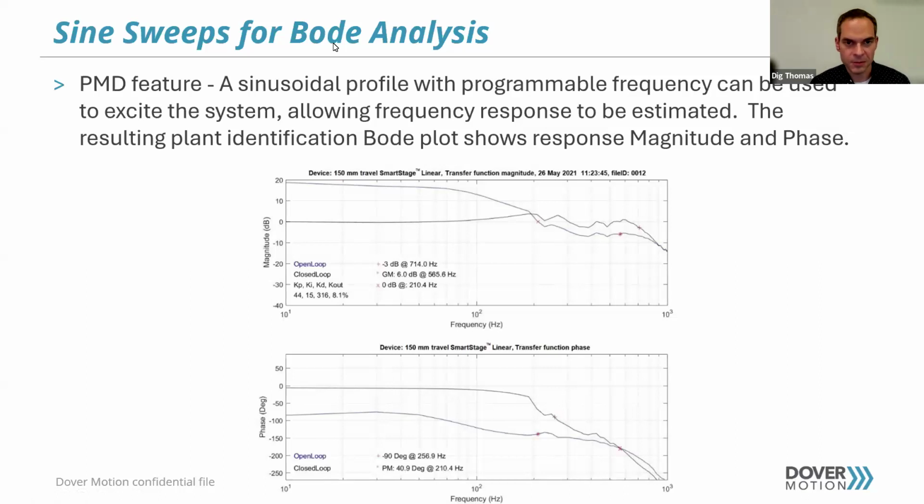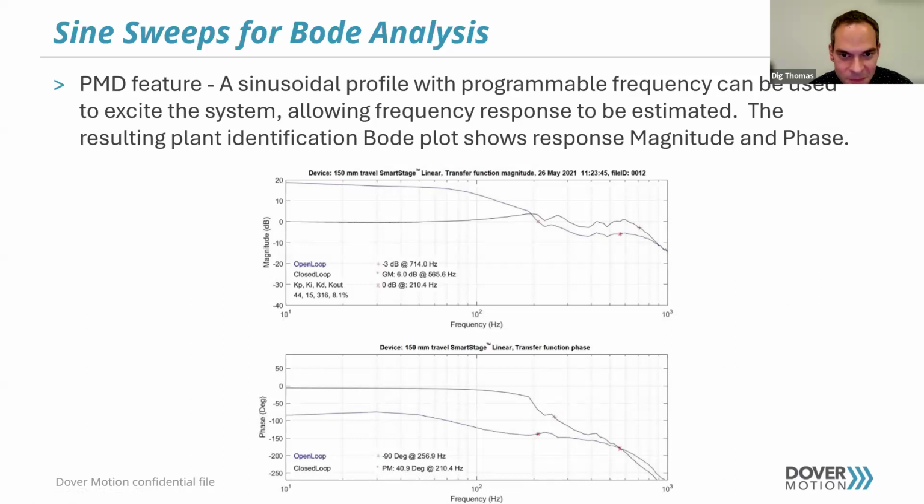So this is an example of one of our tools utilizing the sinusoidal profile generator, where we generate a typical Bode plot with both closed and open loop data. It's the amplitude on top and phase on the bottom. I should point out that this is our Smart Stage 150.